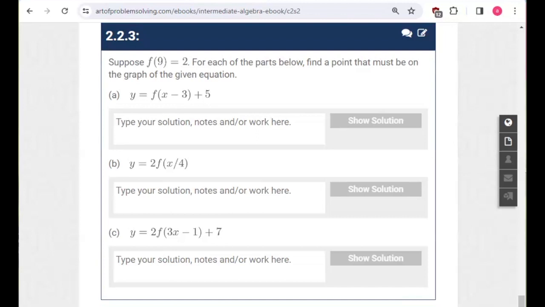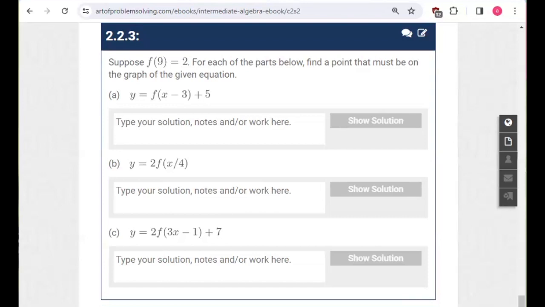What's our first point? 9, 2. Yes? Yeah. So 9, 2, right? And our function is what? Y equals 2f x divided by 4.